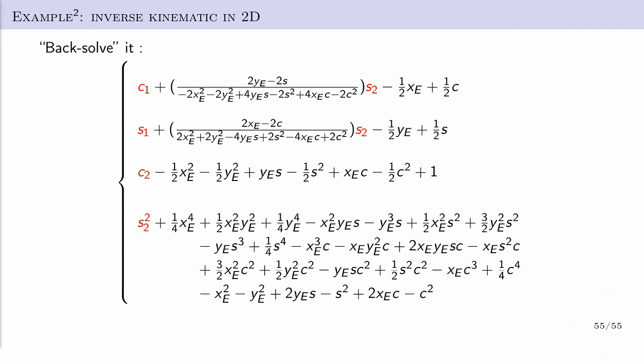So S2 is the square root of this guy, or minus this guy. So the angle phi 2 will be just the arcus sine of the square root of this guy. Phi 2 will be the arcus cosine of this guy, and once we have S2 here, we can substitute it here and here, we can compute the phi 1 by taking the arcus sine, arcus cosine of these guys.